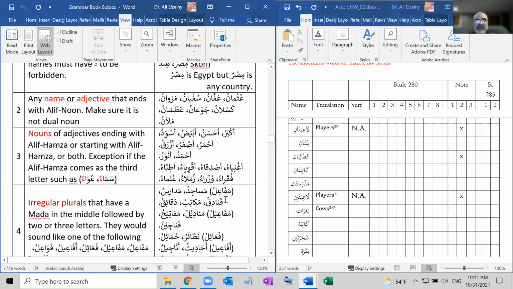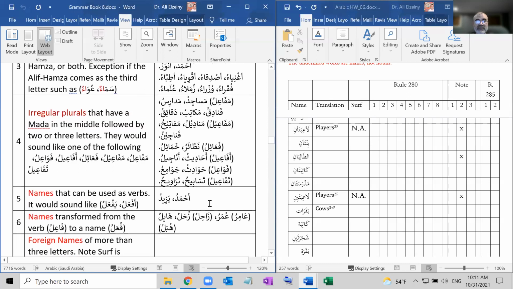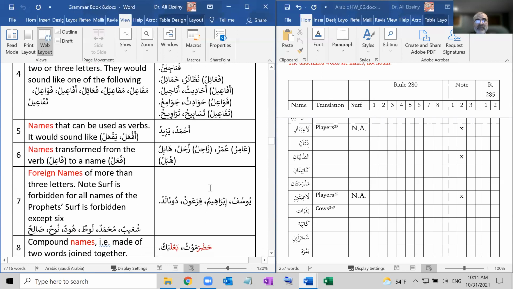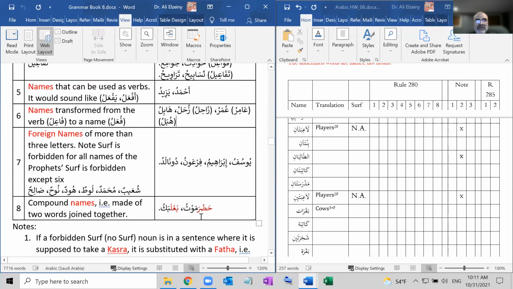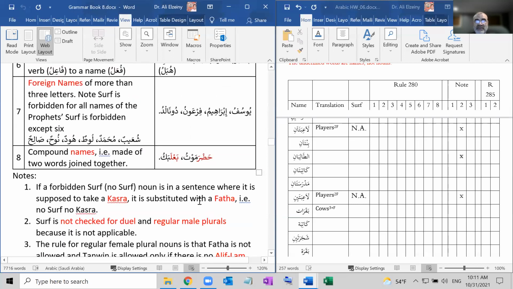It doesn't start or end with alif hamza, it's not an irregular plural, it's not a name coming from a verb, it's not a name transferred from a verb, it's not a foreign name, it's not a compound name, because this is not a name at all. Nobody uses the name cows to call a child or call a person.